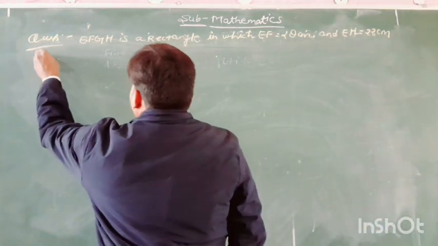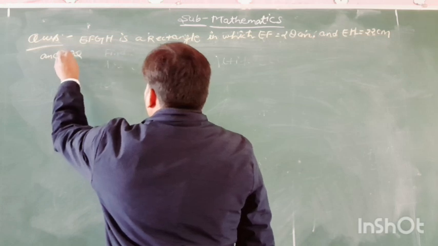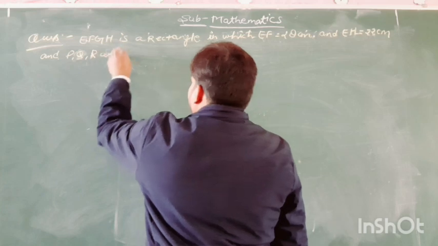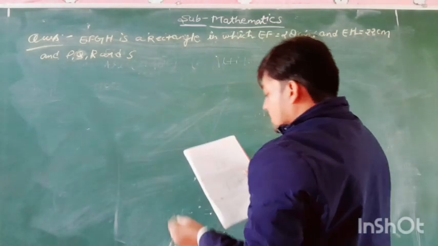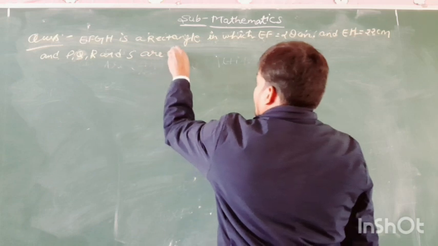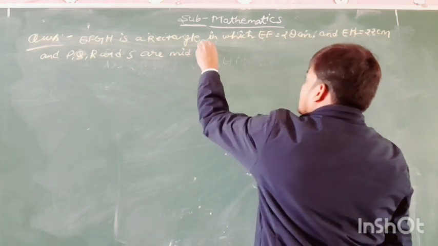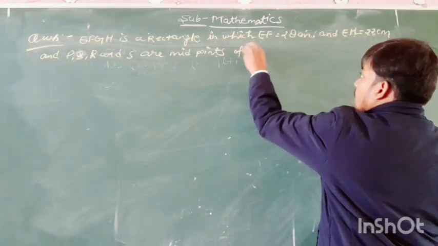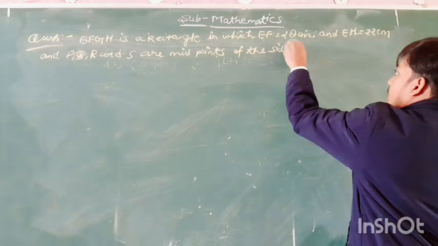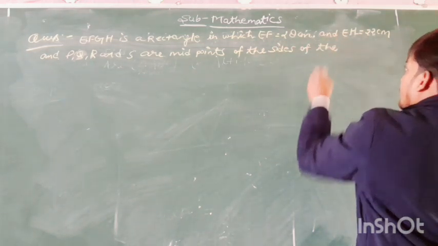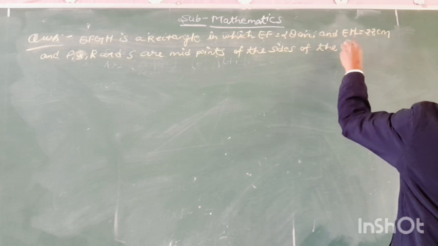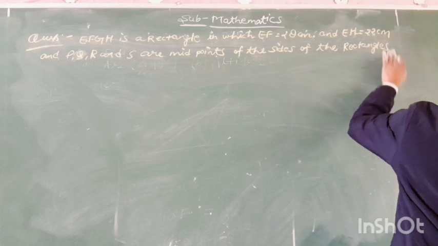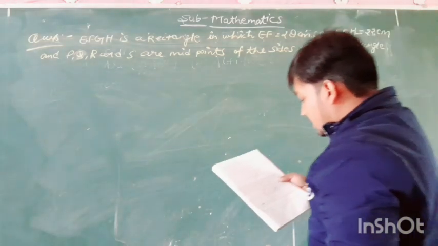and P, Q, R and S are midpoints of the sides of the rectangle EFGH.